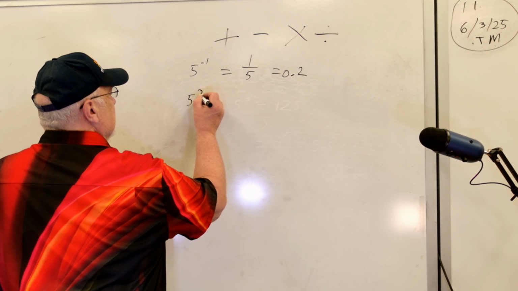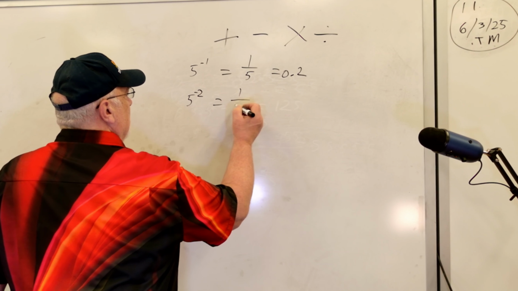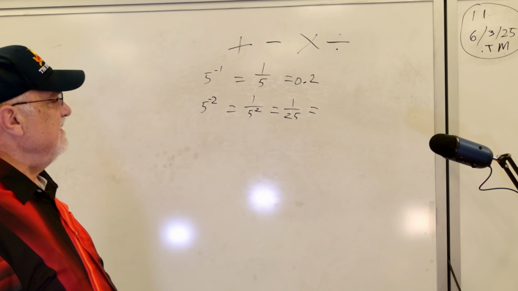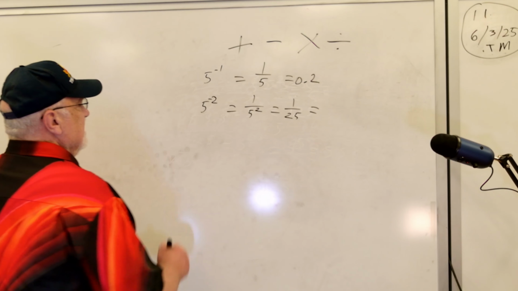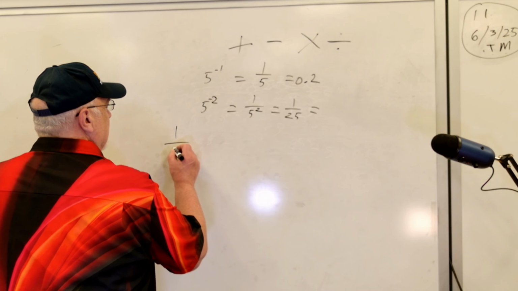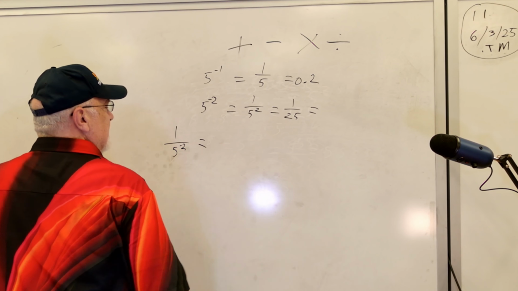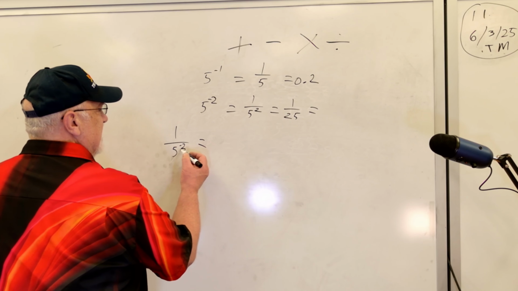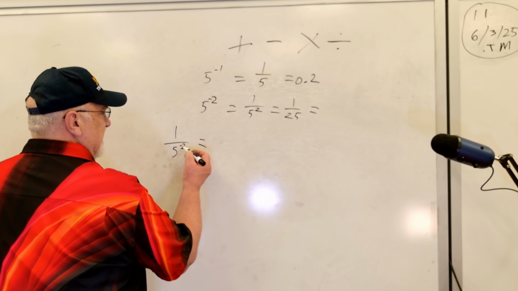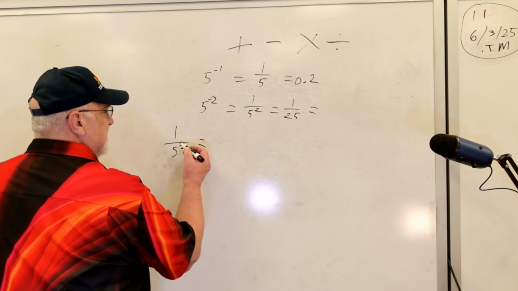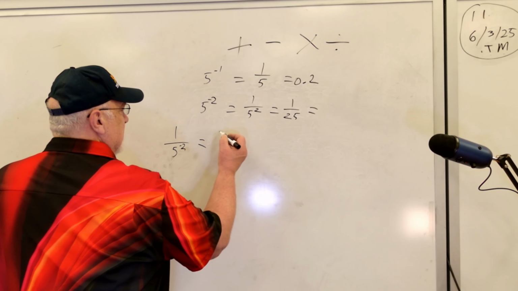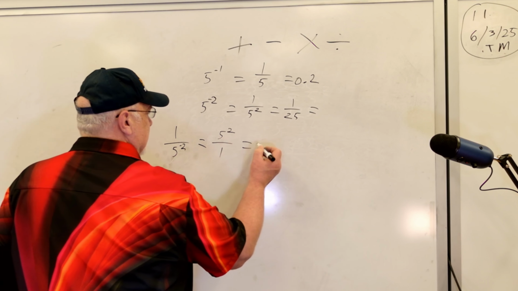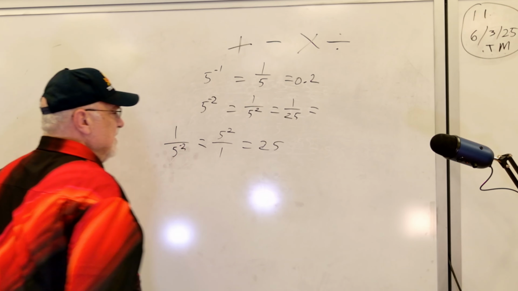So if you had 5 to the negative 2, that'd be 1 over 5 squared, or 1 over 25. That's how the negative exponents work. So if you had 1 over 5 to the negative 2, that actually puts it on the other side. Because if you've got a negative on one side of the bar, it puts it on the other side. So 5 to the negative 2 over 1 becomes 5 squared over 1, basically, which would be 25. It moves it to the other side.